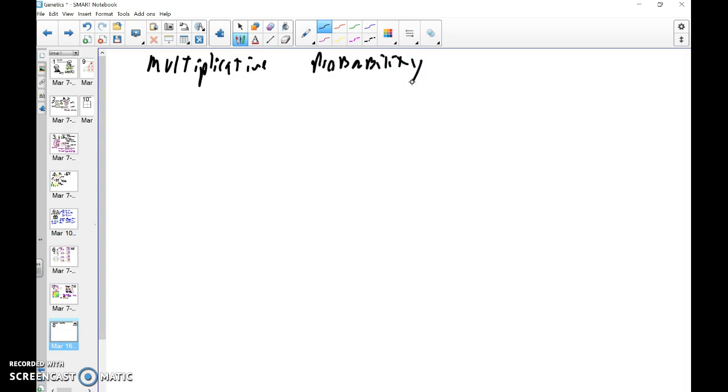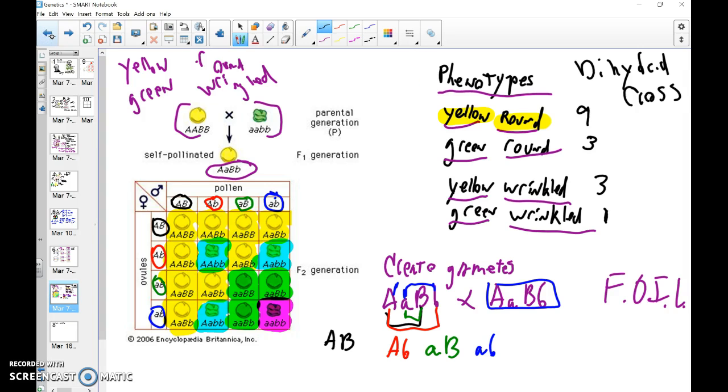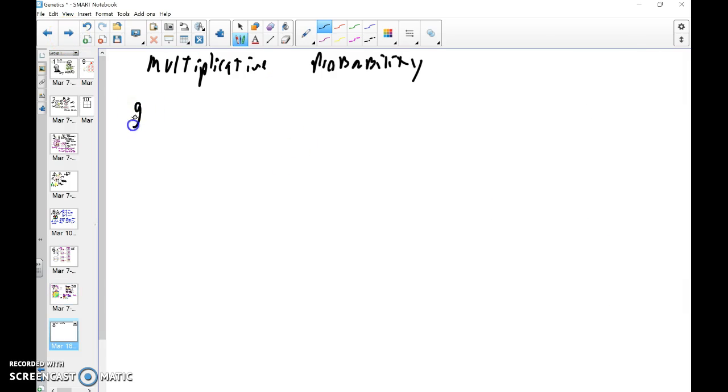Okay, so if we go back to the example we just did, and you have 9 to 3 to 3 to 1, your chance of being green and wrinkled is 1 out of 16.